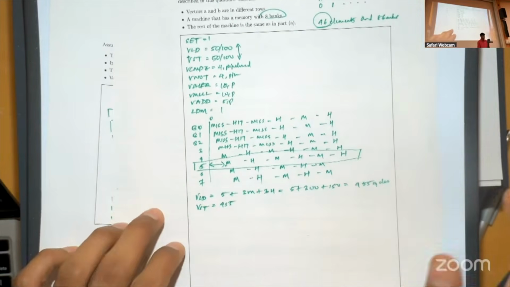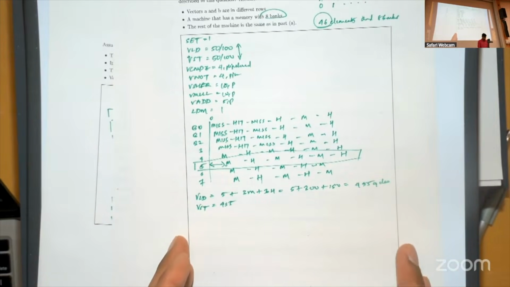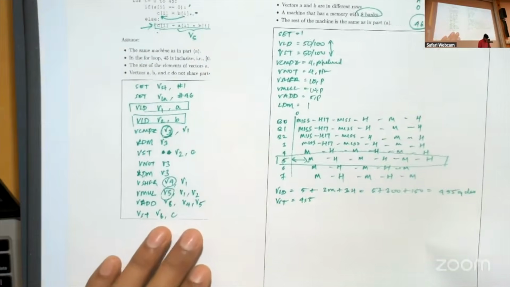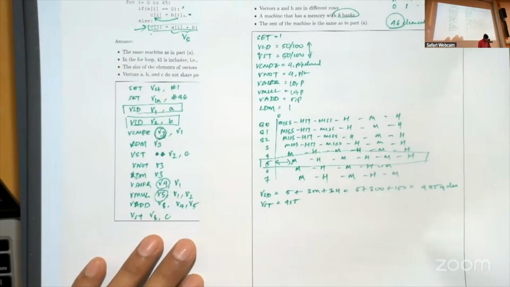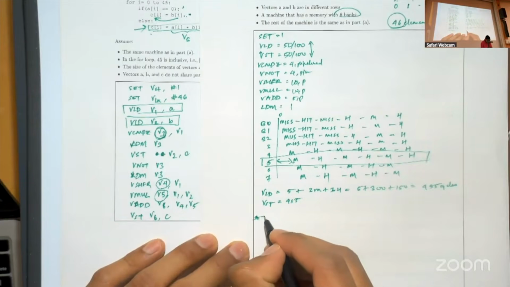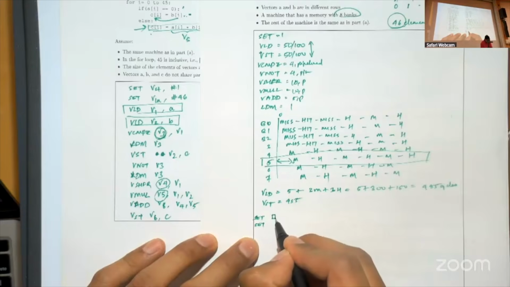And at this point, we can start drawing out the timeline of what the instructions would look like to find the total number of cycles that we need to compute the code that we were given. So let's start with the 2 set instructions. You can start with the set instruction first.